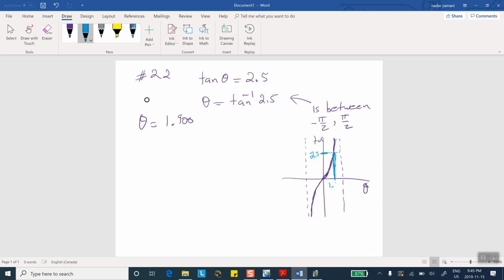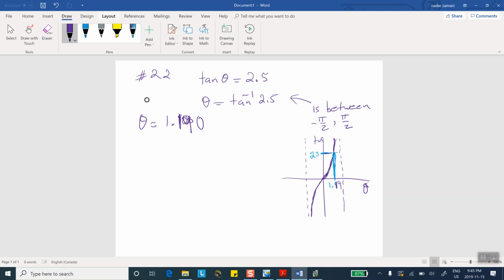So 1.190. I'm sorry, this was a mistake. This was 1.190. So here's the period of the function. Is there another angle with the height being 2.5?